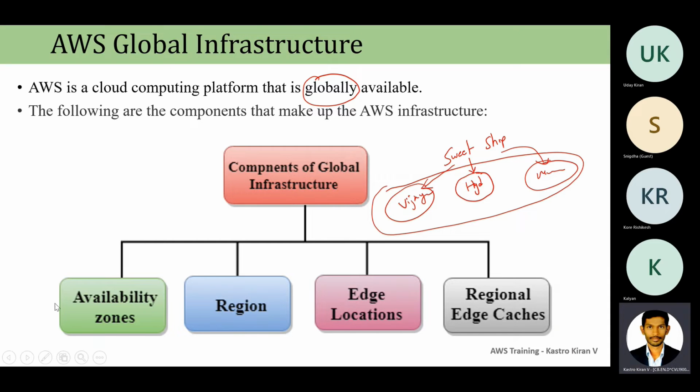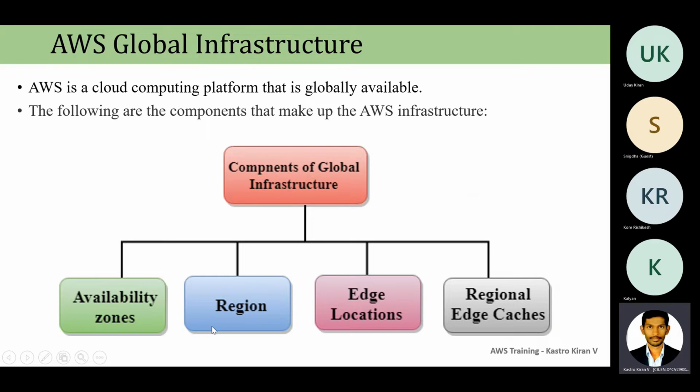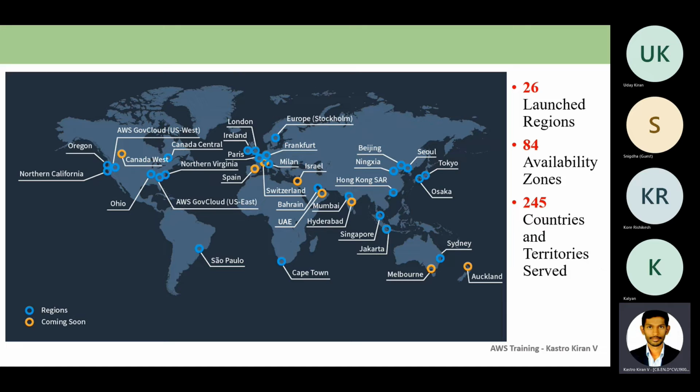Now, let's see how many availability zones and how many regions there are across the globe with respect to AWS. Here you can see the entire world map. The yellow dotted circles are not available as of now; they are coming soon.